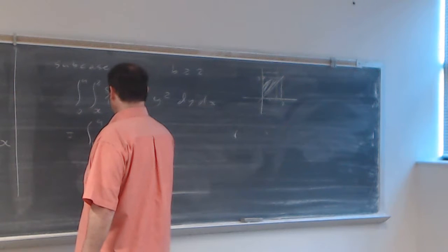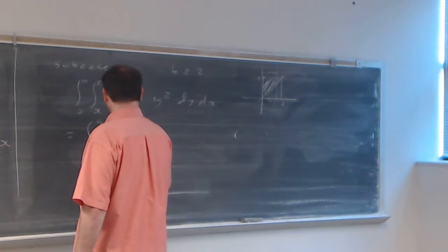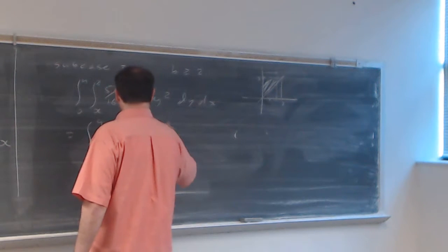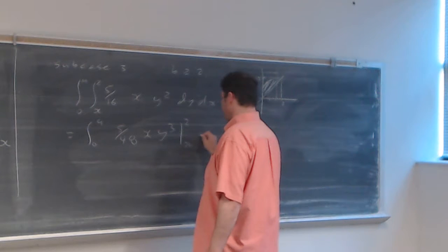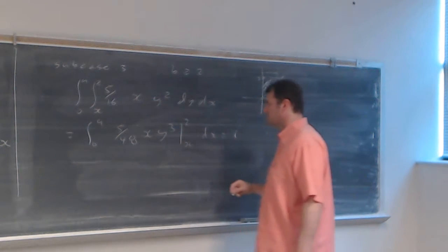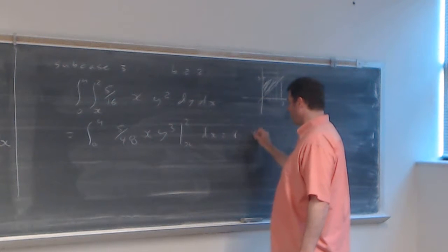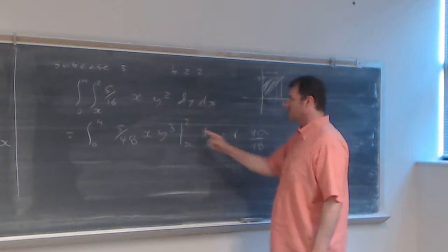So 0 to a, I integrate with respect to y. This is going to be 5 over 48, x, y to the third. We did that just a few seconds ago. When I stick in 2, this is going to be 40 over 48 x. You know, this is 8.